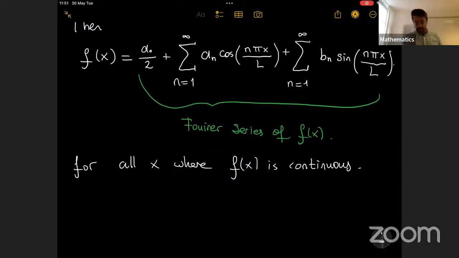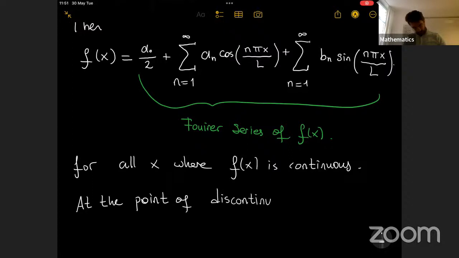Well, at a point of discontinuity, let's say at this point x, f is not continuous, but it's right continuous and left continuous because it's a piecewise continuous function.